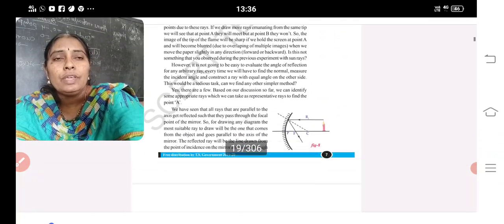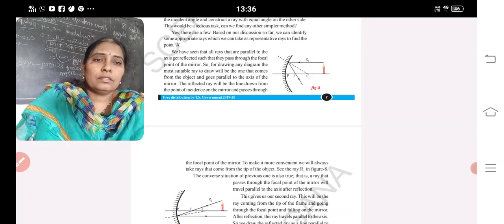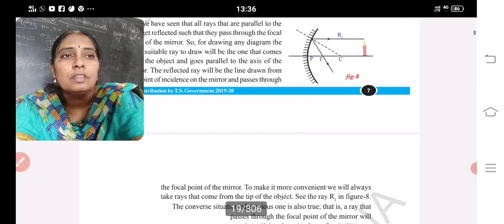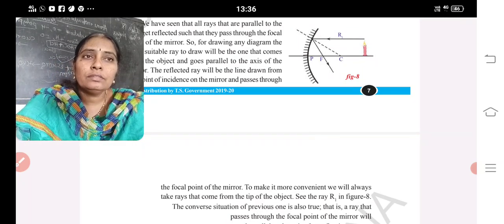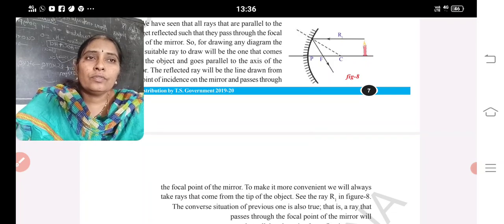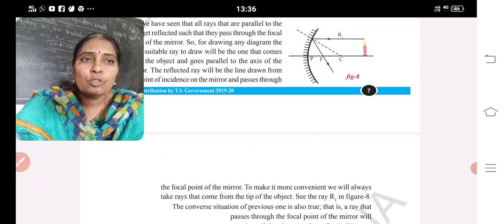To write that, we have some situations in figure 8. Now you can see which type of surface it is? Concave. And a ray R1 is coming from the source and striking the mirror at one place, from where it reflects and passes through the focus. So this is the first situation.